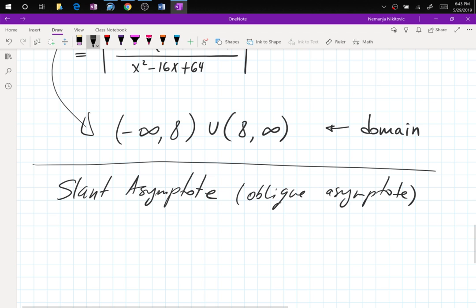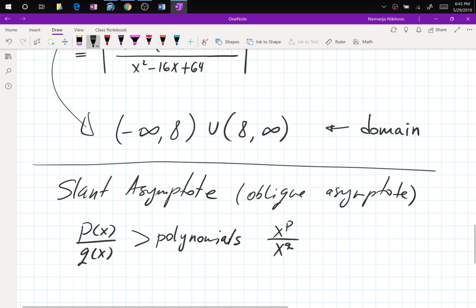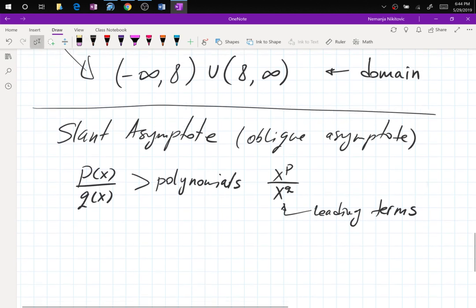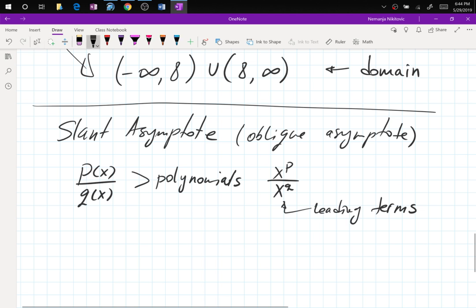If you have P of x divided by Q of x, both polynomials, such that you have x to the p divided by x to the q, those are the leading terms, one for the numerator, one for the denominator. A slant asymptote happens only when p is equal to q plus 1.